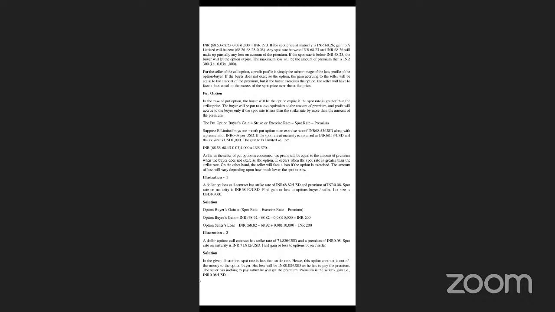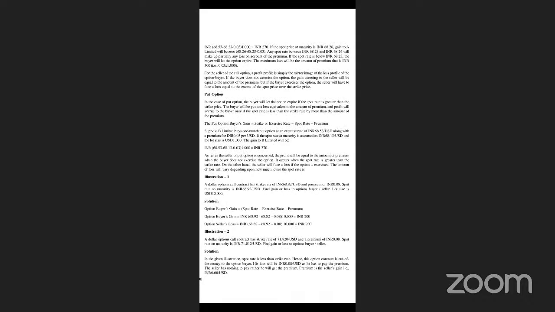All right. So here we have a few illustrations. The option buyer's gain or loss is to be calculated. A dollar option contract with a strike rate is given. Spot rate on maturity is given. We are asked to calculate the gain or loss. These are all very simple simplification problems.